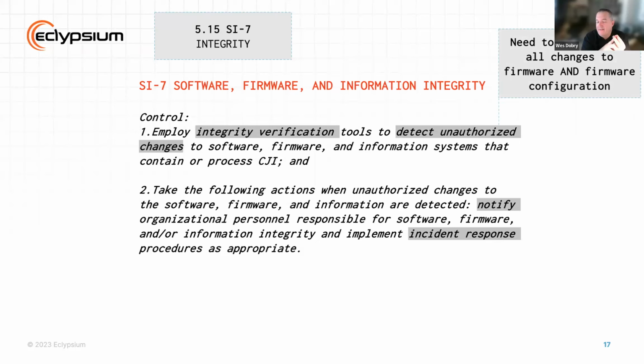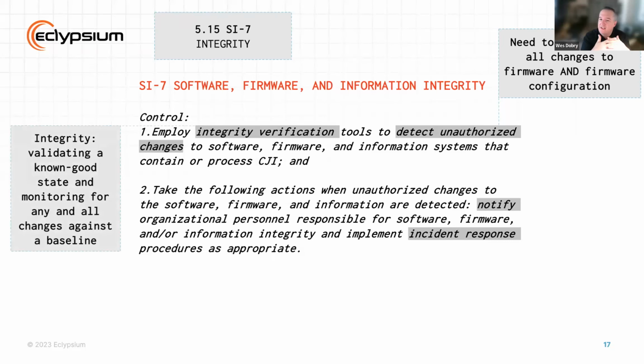So that means that you have to have a tool that is looking at every specific piece of firmware on a device and understanding if it has changed, detecting any unauthorized changes, and notifying you accordingly with integration to your other SOC workflows or things like your SIEM and SOAR systems.